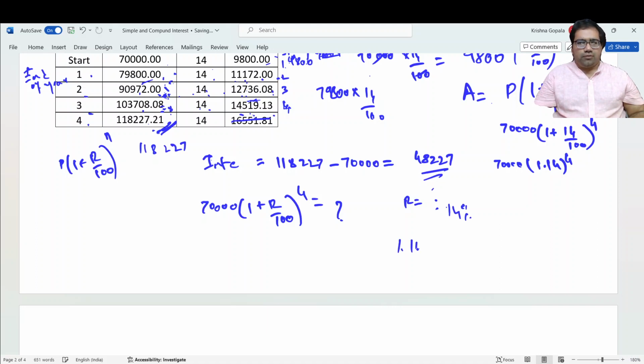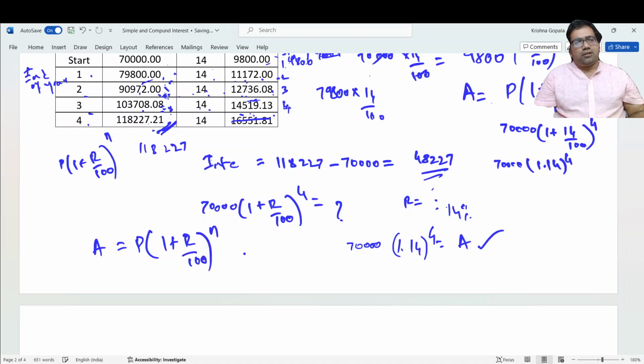So 1.14 raised to the power 4 into 70,000. This is the answer. This is the total amount that has to be paid by the end of 4 years. Okay, remember this formula. Amount is equal to P into 1 plus R by 100 whole power n. Amount is equal to principal plus interest.